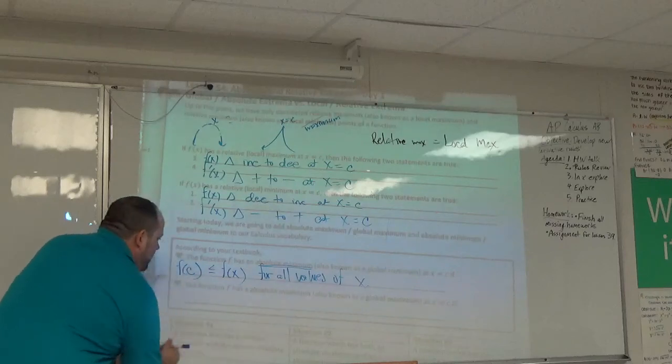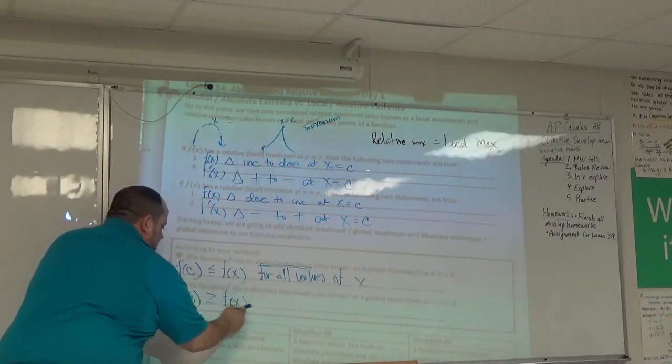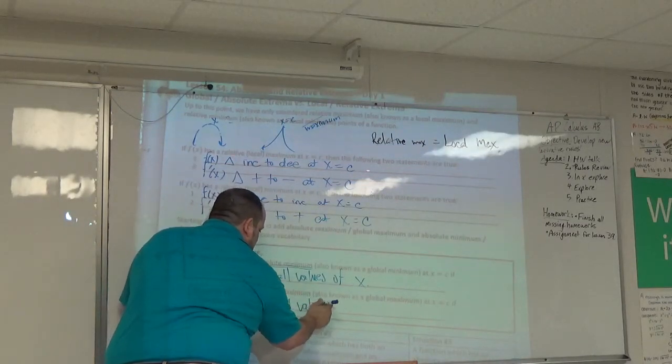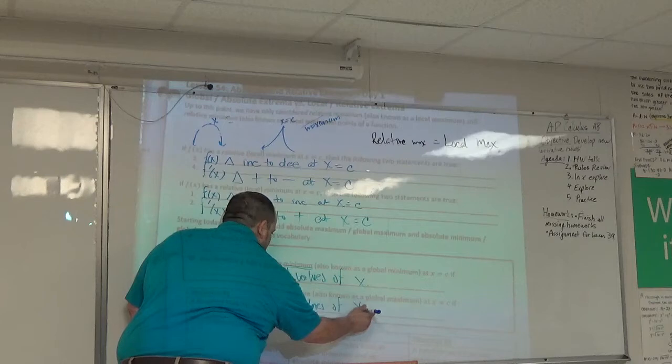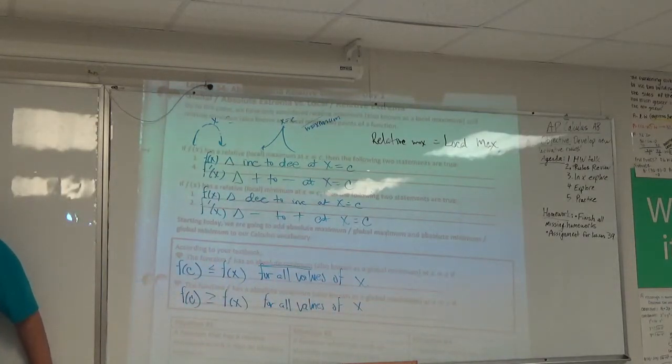So obviously for an absolute max, what we're saying is f of c is greater than or equal to f of x for all values of x. Now before anybody asks, infinity is not an absolute maximum. Why?